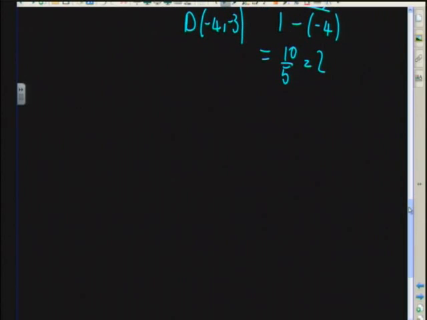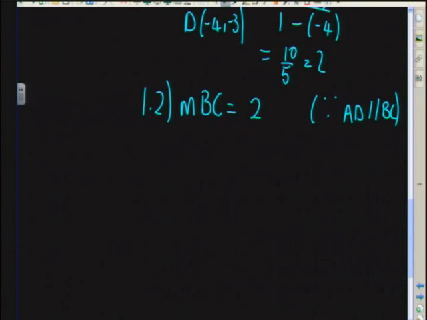Okay, we look at the diagram and we see that we have a point on the line that we can use to work out the y-intercept. So we've just got the gradient of BC is 2, since we have parallel lines, and I'm going to use this expression y minus y1 is equal to m times x minus x1 to work out the equation of BC.